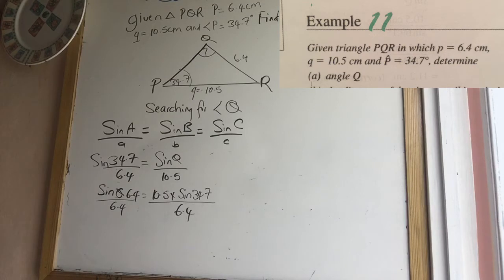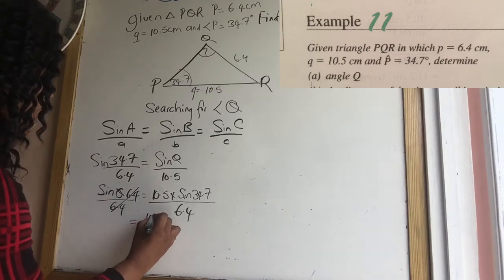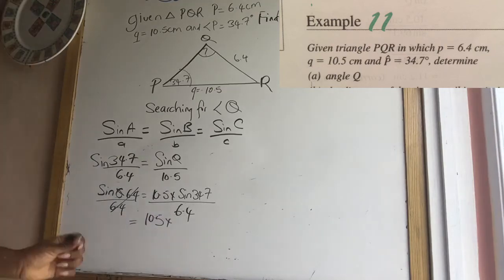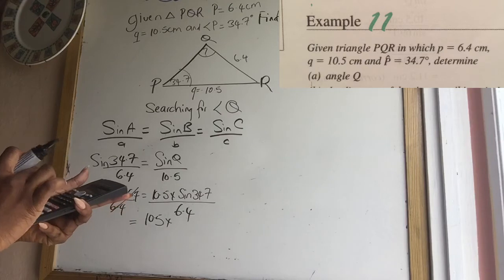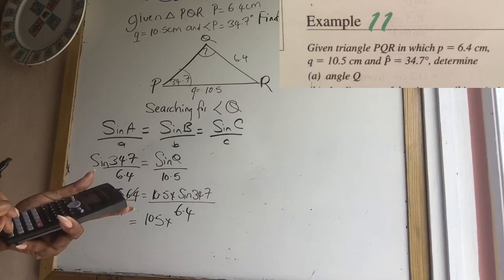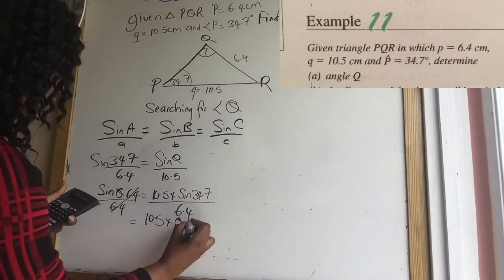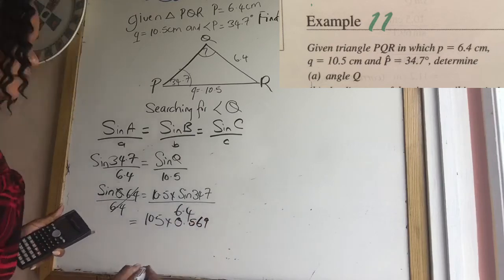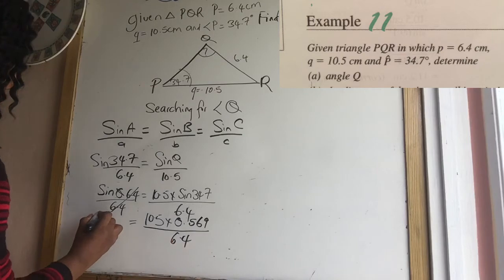So this is equal to 10.5 multiplied by sine 34.7. Get the calculator, guys. Sine 34.7 is equal to 0.569, and that is divided by 6.4. And this is our sine Q.